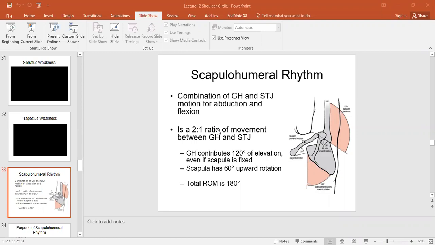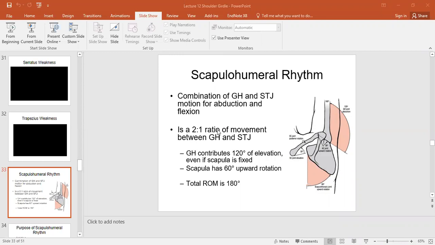So that pec minor is really, really tight. As you elevate your arm into abduction, that pec minor pulls your scapula forward, jams up all sorts of things. You can't externally rotate, you can't extend through your trunk. So you end up with a lot of compression just from postural issues. And gosh, we can make a huge impact on posture, right?